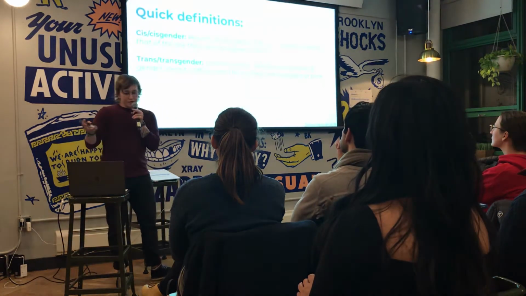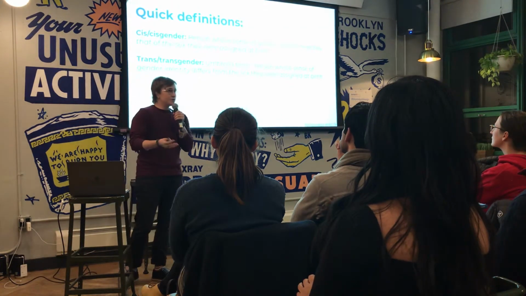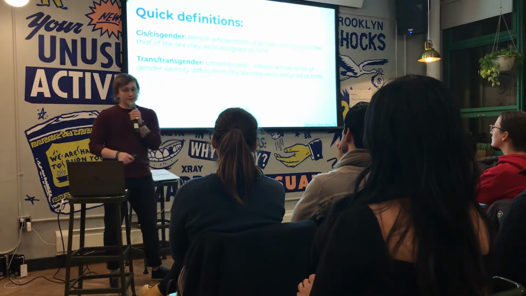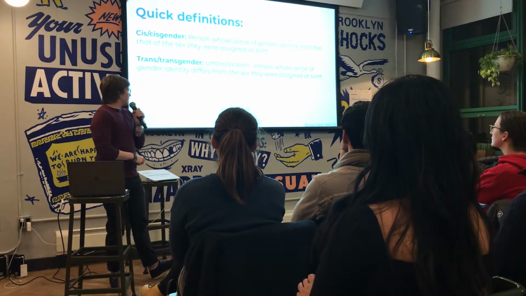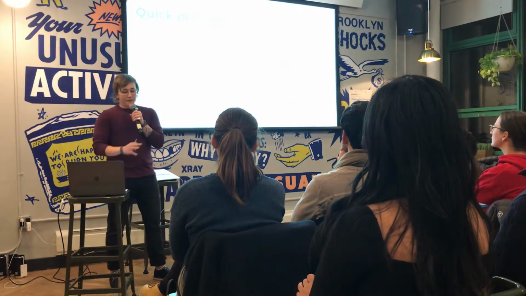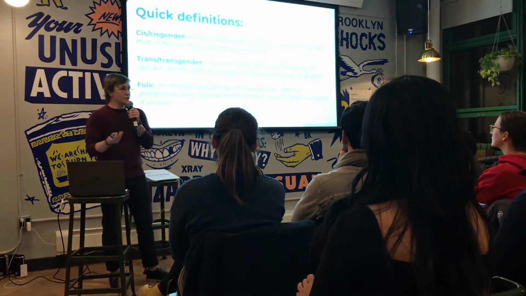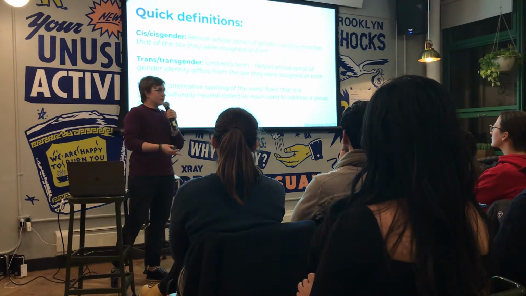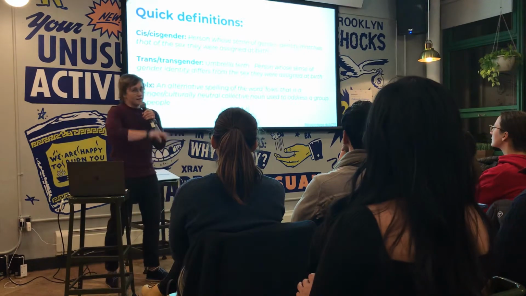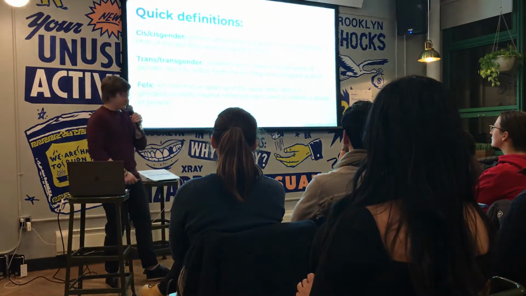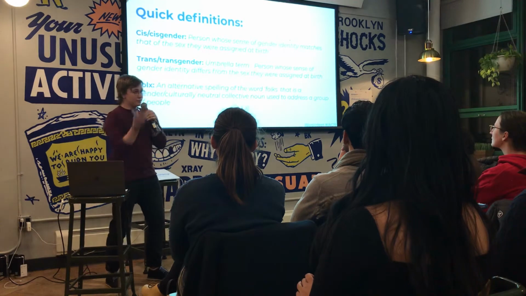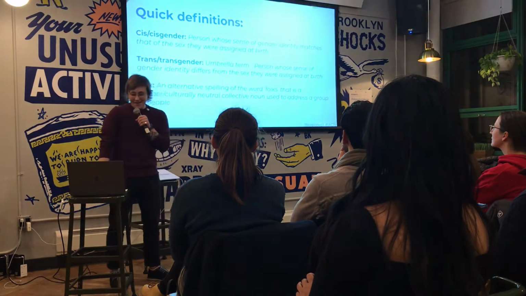This is an umbrella term that broadly covers any person whose gender identity differs from the sex that they were assigned at birth. And then finally, folx, spelled with an X. This is an alternative spelling to folks spelled with a KS. That is a gender and culturally inclusive term to address a group of people. So you will hear this language throughout, just so you know.